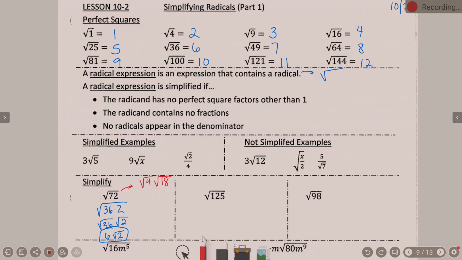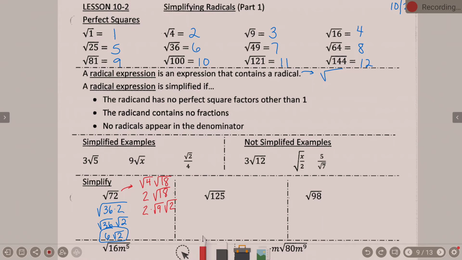So what you're going to end up realizing, so here, square root of 4 was what? 2. But here's the deal. You can't stop at 2 square root of 18 because 18 can divide by 9. So if we go another step here, 18 is 9 times what? 2.